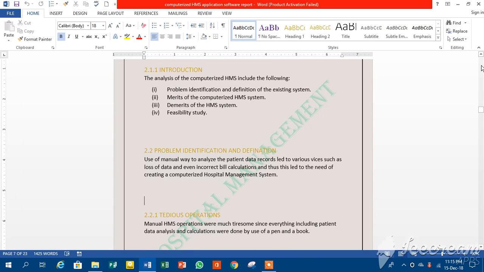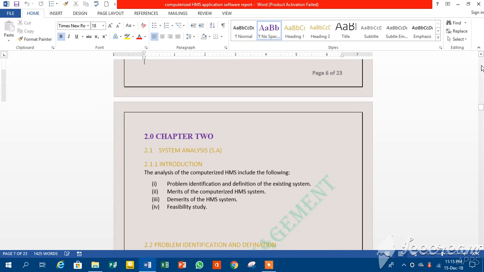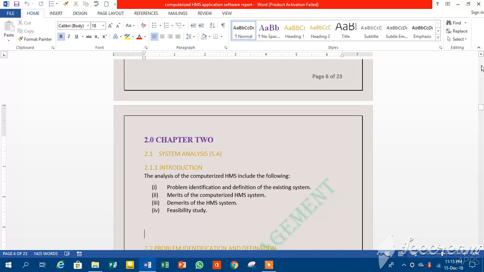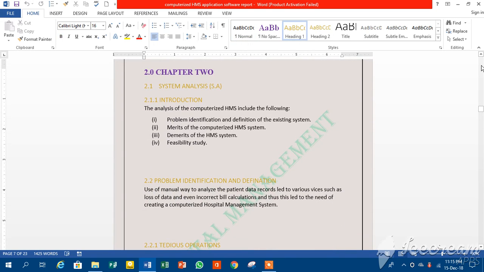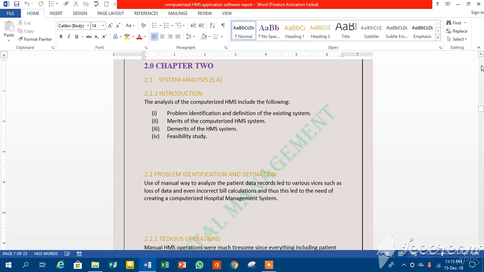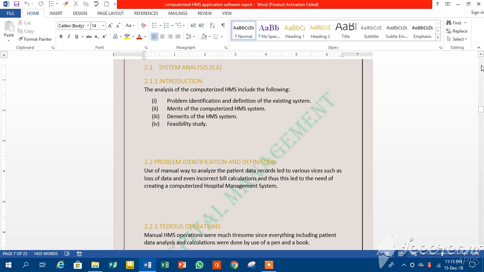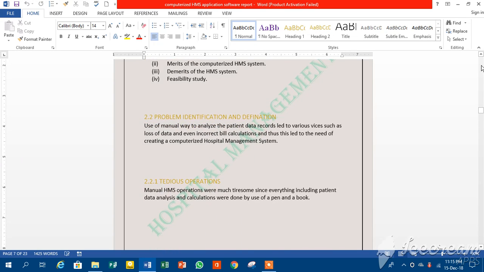Under the system analysis, we have the introduction, and the analysis of the computerized hospital management system includes the following: problem identification and definition of the existing system, merits of the computerized HMS system, demerits of the HMS system, and lastly the feasibility study.